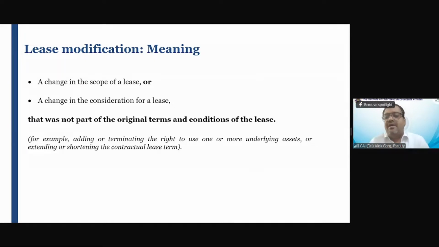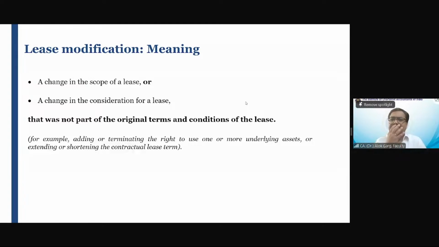Lease modification means a change in the scope of the lease or a change in the consideration for a lease that was not part of the original terms and conditions of the lease.